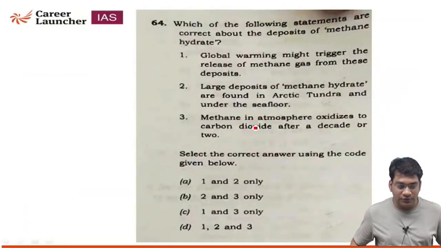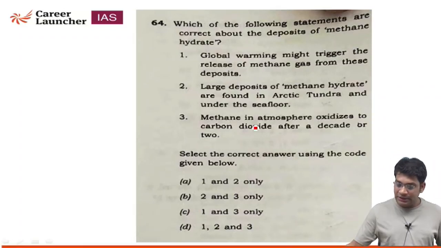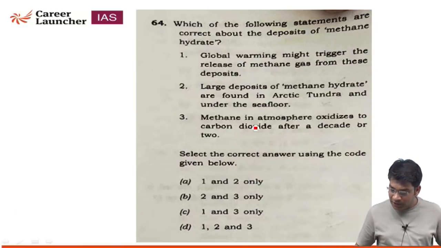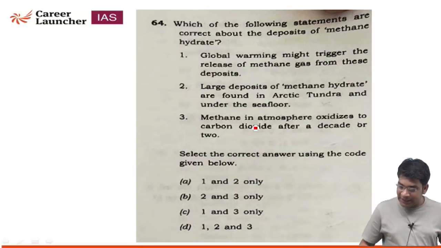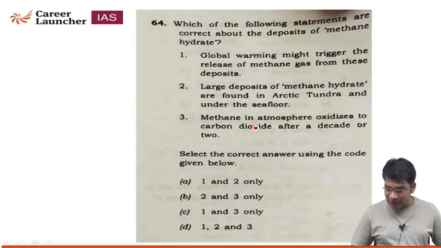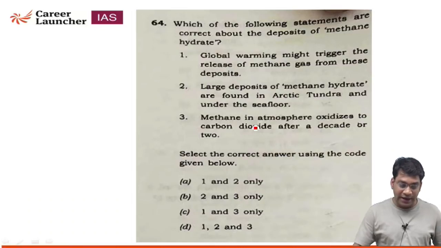Question number 64. Which of the following statements are correct about the deposit of methane hydrate? See, methane hydrate is basically deposited under the solid crust, and it is like a cage-like lattice of ice inside of which are trapped molecules of methane, the chief constituent of natural gas.